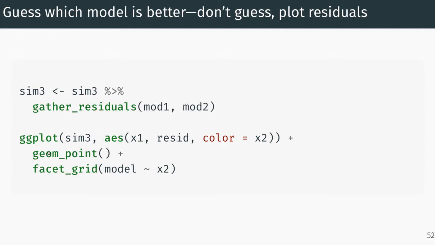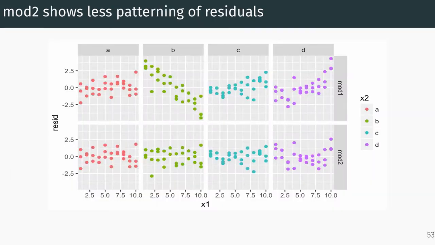This will be the scatter plot of the residuals, and then this facet grid being model times x2. There'll be 2 times 4 of these, so there'll be 8 altogether. And you can see that there are 8 facets total. The top row refers to model 1, the bottom row refers to model 2.